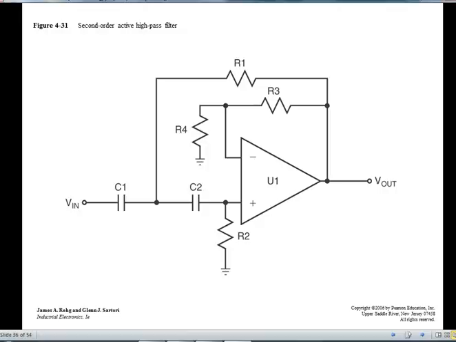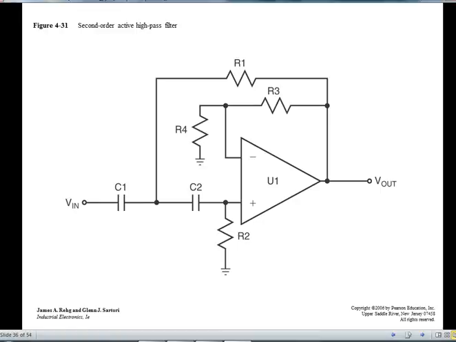So second order high pass filter. Wherever the low pass filter's capacitors were, now that's where the resistors are. Wherever the resistors used to be, that's where the capacitors are. So in our other application, we had a resistor there, capacitor there, capacitor there.